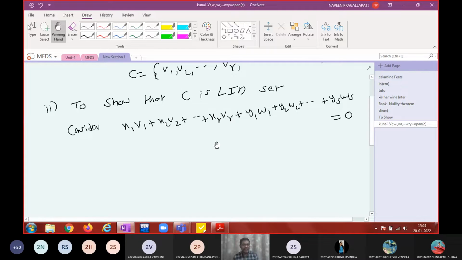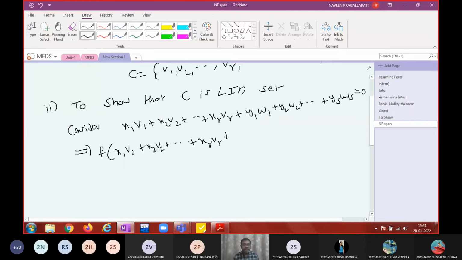Okay, so you apply f on both sides. If I am considering this linear combination is 0, you apply f on both sides. So what is f of this? F of x1 v1 plus x2 v2 and so on plus xr vr plus y1 w1 plus and so on plus ys ws must be equal to f of 0.